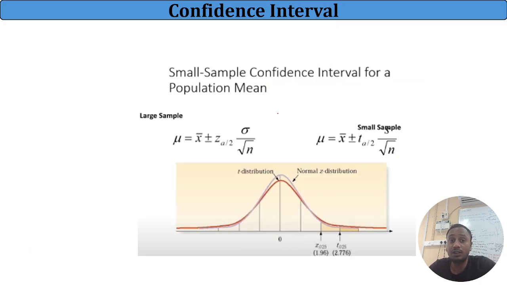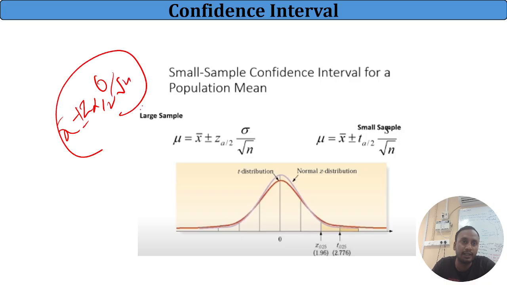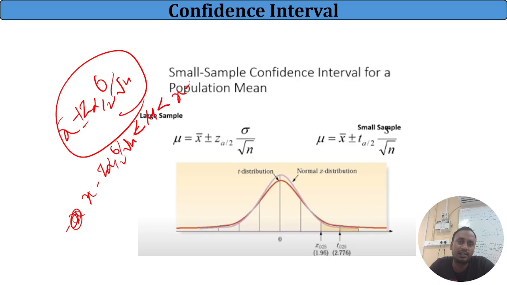So how can we calculate the confidence interval? We calculate it through x plus or minus z alpha by 2 sigma upon root n. It gives the interval from x minus z alpha by 2 sigma upon root n to, let's say, mu equals x plus z alpha by 2 sigma upon root n.